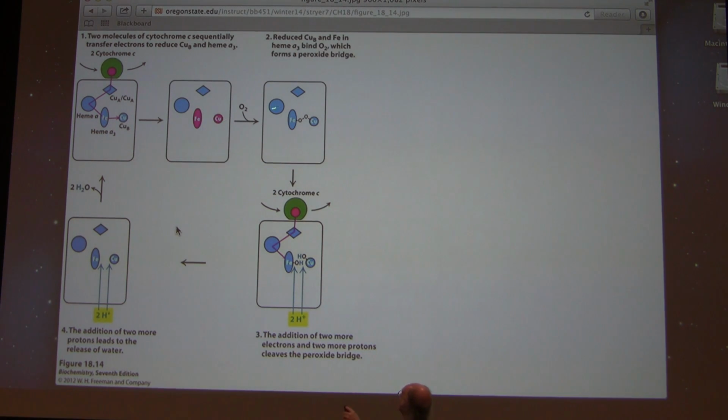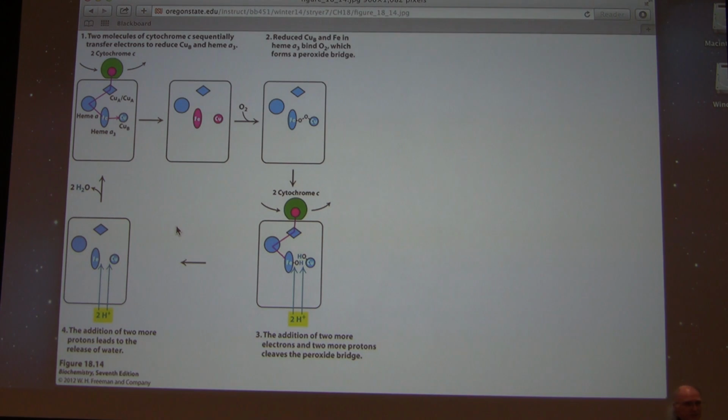So we've used 4 electrons, 2 electrons here and 2 electrons here, to convert those 2 oxygens into 2 hydroxides. At that point, all we have to do is add 2 protons to peel off those hydroxides and leave behind oxidized iron and copper. That produces 2 H2Os.